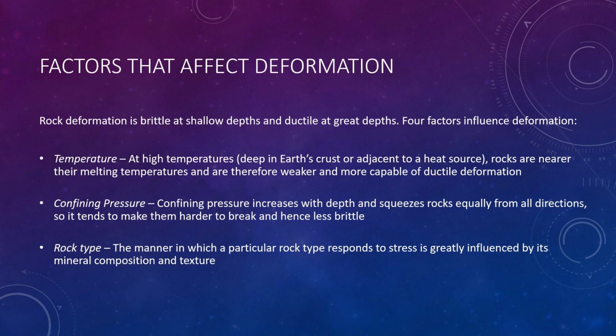The manner in which a particular rock type responds to stress is also greatly influenced by its mineral composition and texture. Granite, basalt, and well-cemented quartz sandstones are examples of strong, brittle rocks that tend to fail by breaking, in other words, by brittle deformation, when subjected to stresses that exceed their strength.